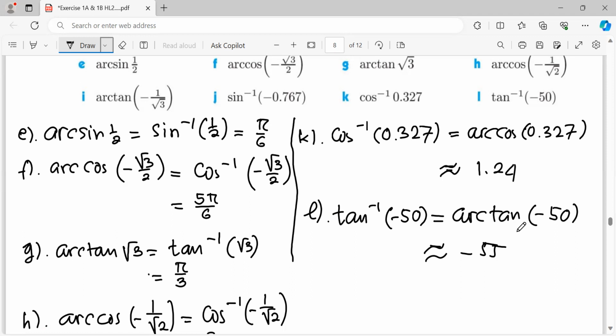Tangent of minus 50 equals minus 88. Okay, that's one.